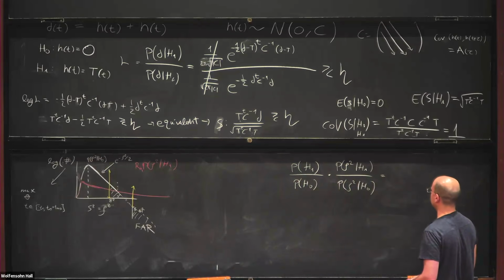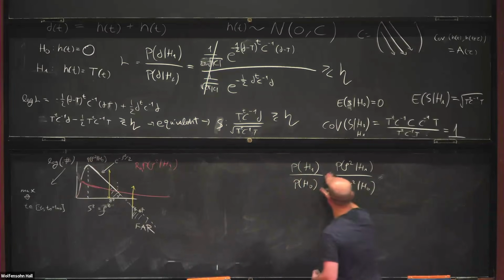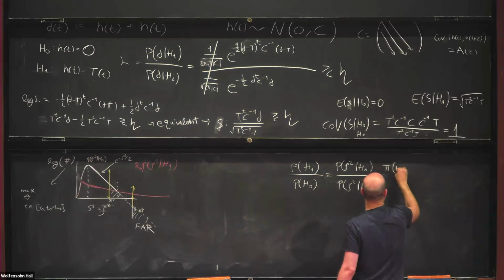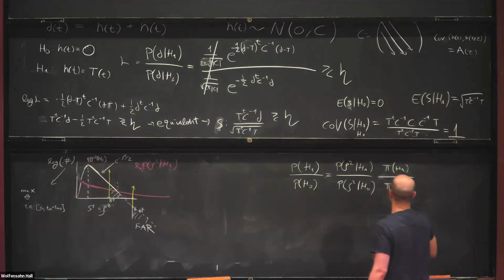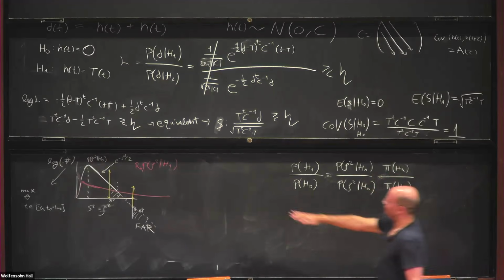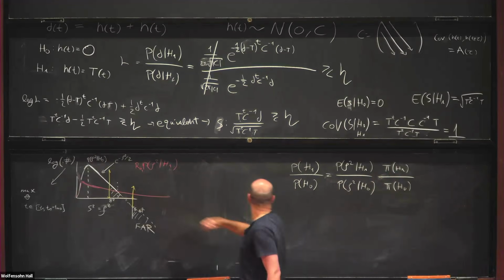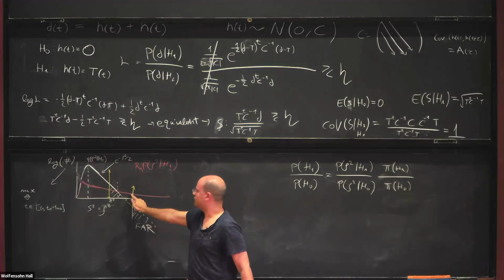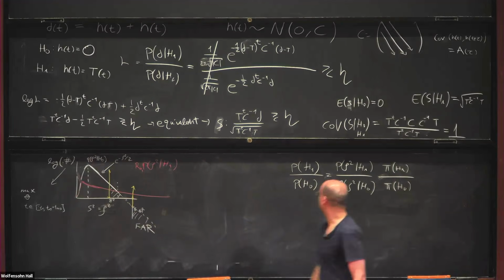What did I want to say? This is what I wanted to say. Prior of h1 divided by prior of h0, okay? So if I had this, I have this R as a meaningful thing, then this is what is denoted by this red line, okay?